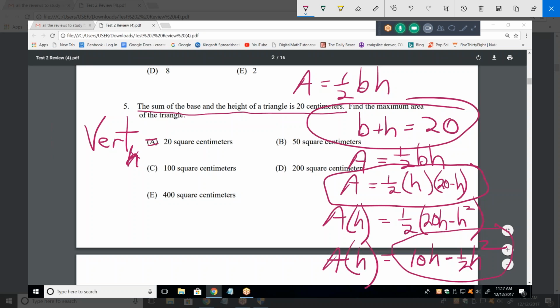When you have a quadratic and you're looking to find the vertex, and it's not in vertex format, it's basically in standard format, the easiest way is minus b over 2a. Okay? So tell me what a, b, and c are in this quadratic down here.